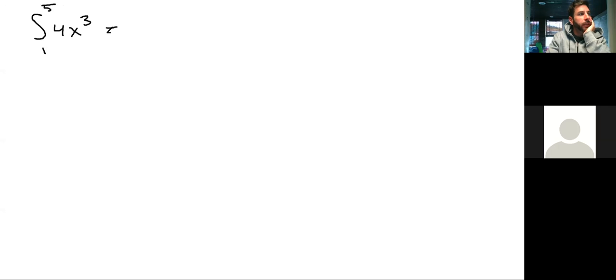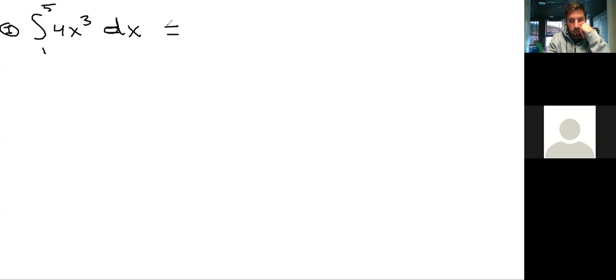Let's integrate 1 to 5 of 4x cubed. I guess I should be more consistent. You have to write dx here. So we'll call this example 1. Okay, so how do we integrate it?